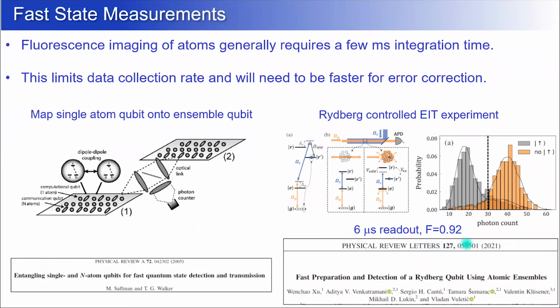Not yet with super high fidelity, although Vladan tells me they think they can improve on this significantly in the near future. So the Rydberg interactions can be used not just for entanglement, but also to enable faster measurements, which is really quite interesting.